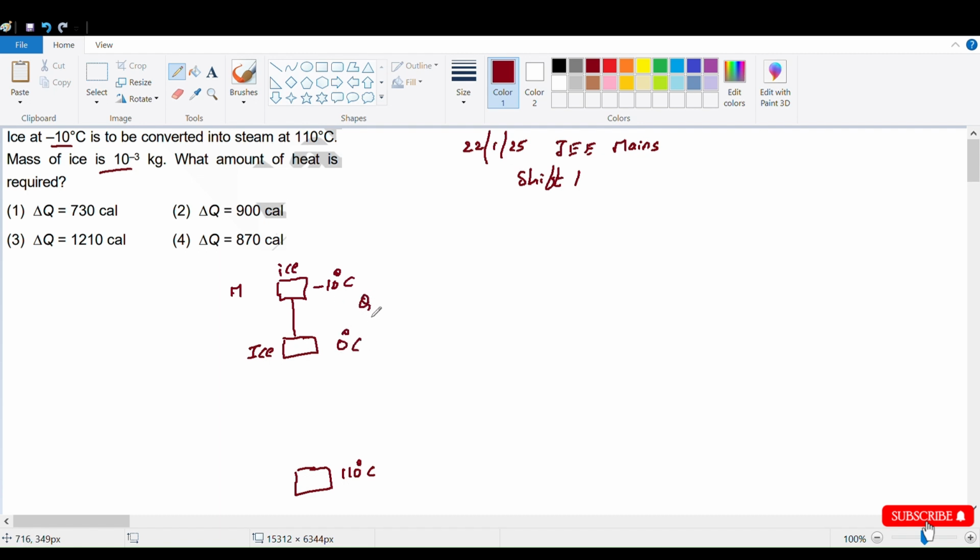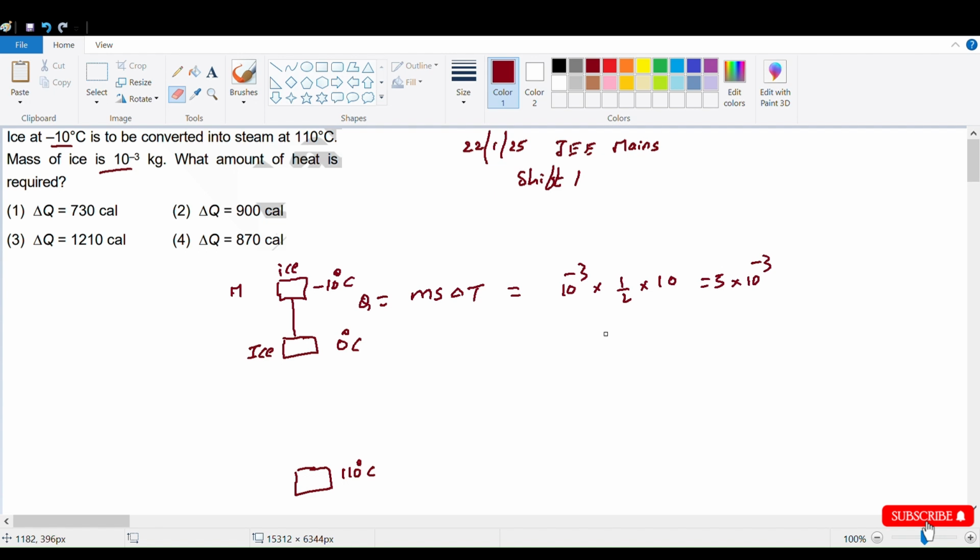So the temperature changes. Apply the formula Q is equal to m s delta T. M value how much is given? 10 to the power minus 3. Specific heat of ice is 1 by 2, delta T change in temperature is 10 degrees. Oh, it is in calories, half calorie per gram, so I want mass also in grams only.